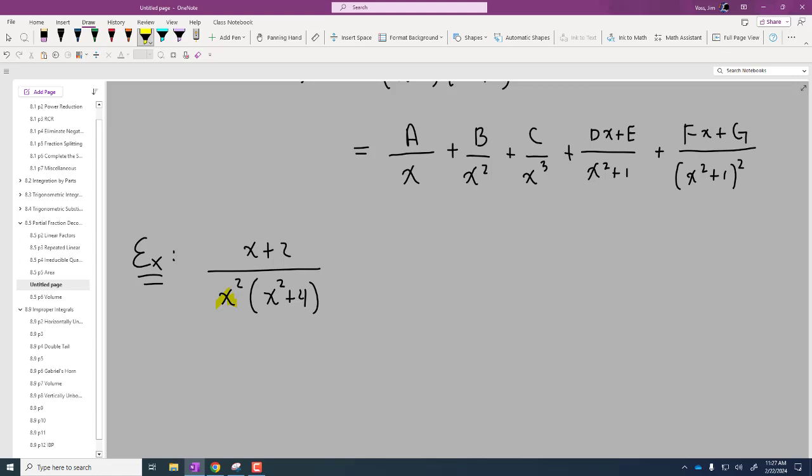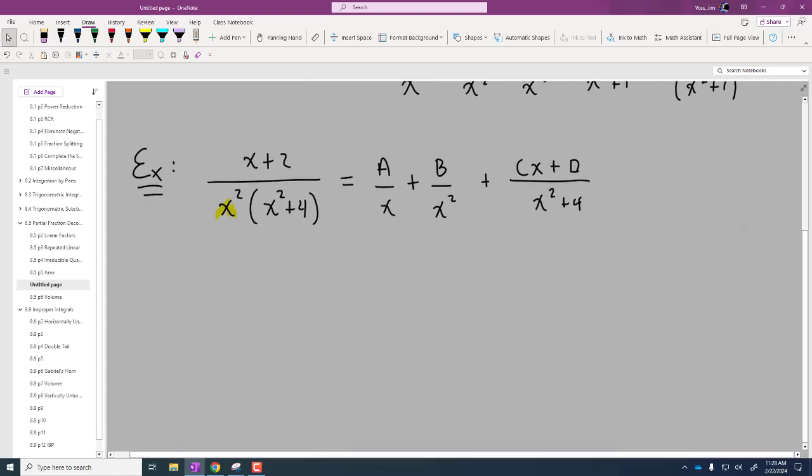So your setup, based on what we've all been doing, is a over x plus b over x squared, right? And then we would have cx plus d divided by x squared plus 4. Everyone okay with that?